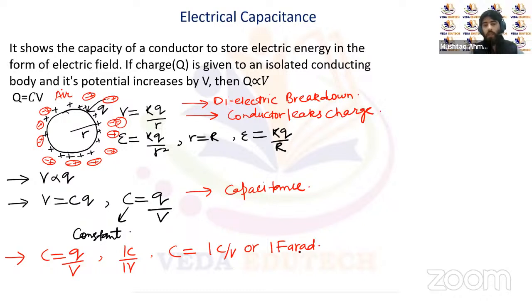After that, there will be a dielectric breakdown. So the maximum electric field strength so that there will be no breakdown, we call the breakdown strength of the electric field.